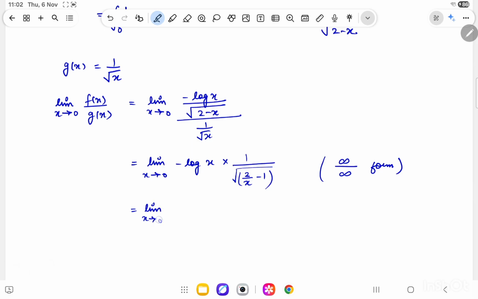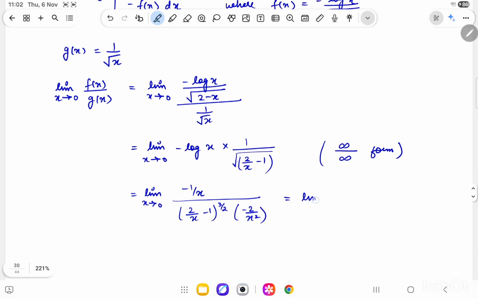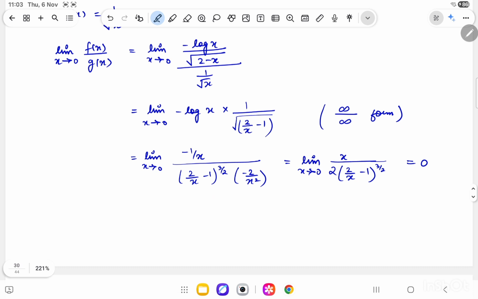If I do so, I'll get the limit as x approaches 0 of minus 1 by x divided by (2 by x minus 1) raised to 3 by 2 times minus 2 by x squared, and that simplifies to the limit as x approaches 0 of x by 2 times (2 by x minus 1) raised to 3 by 2. Now if I plug in the limit, the numerator is 0 and the denominator is infinity, so it is 0 upon infinity, that is 0. So the limit turned out to be 0.